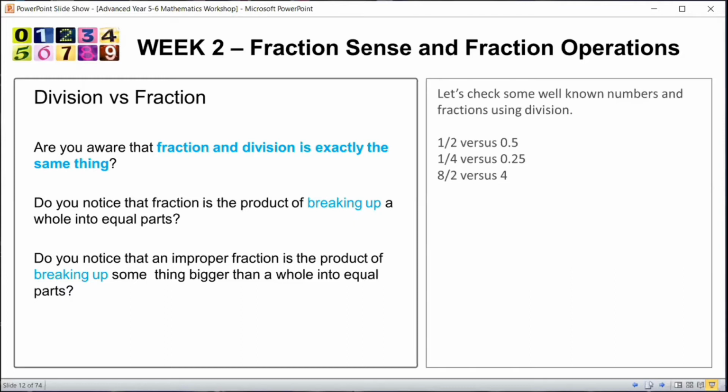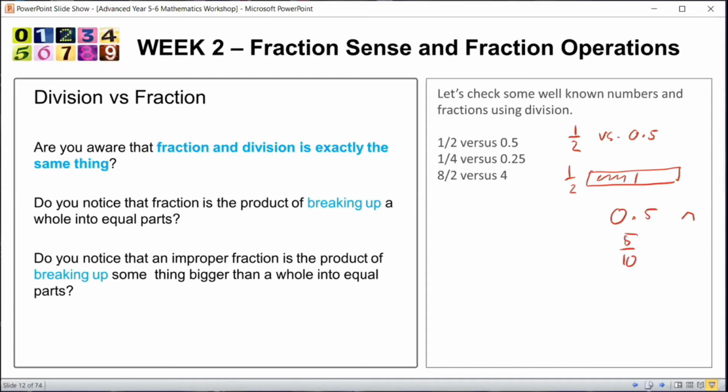So now, let's have a look at the fact that division and fraction are the same. The first one we are going to look at is a half versus 0.5. You can draw that, so that is a half. And using place value, you know that 0.5 is basically 5 out of 10.